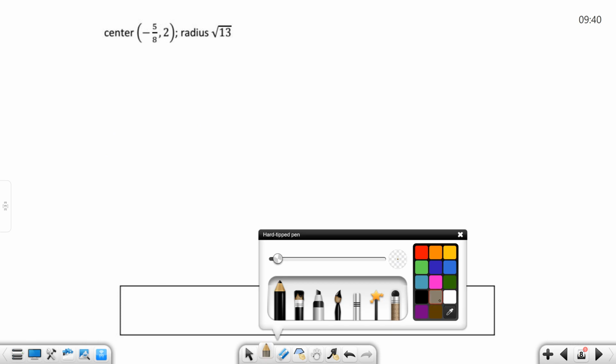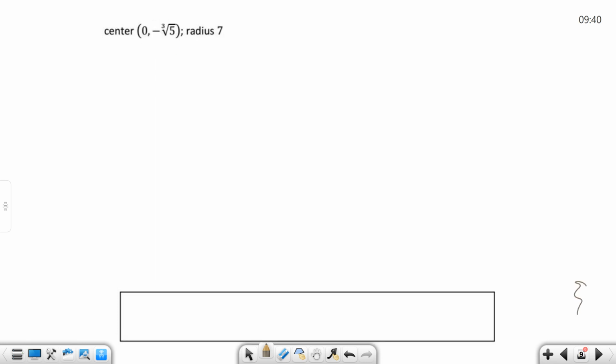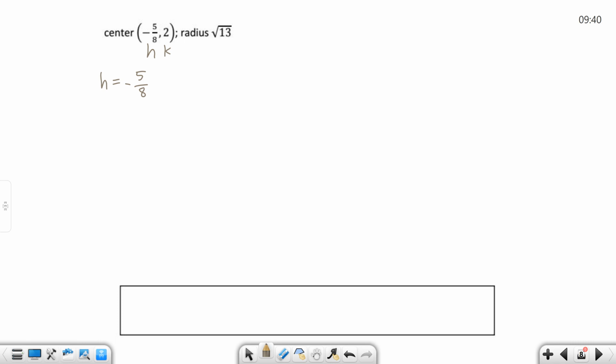So then again, I went with some crazy stuff here, trying to make it different. So this is h, this is k. So my h is negative 5/8, and there it is, taking away this. So let me do this here real quick. And k is 2, and r is the square root of 13, right? This is my r. So then what is r squared? If I just want to go ahead and find it, that's going to be 13, right?